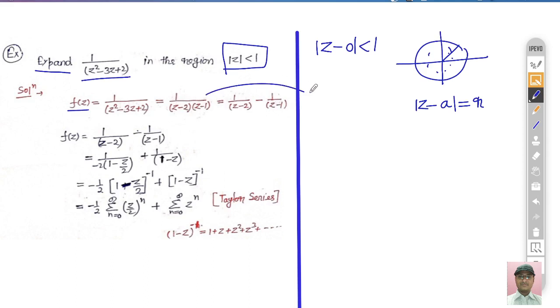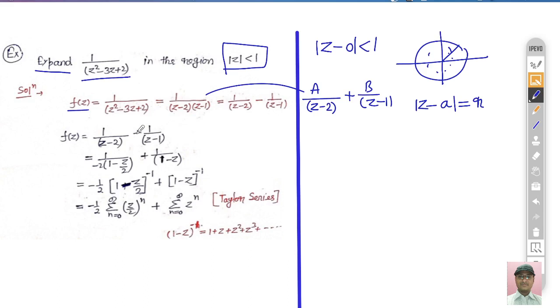It's a very simple process to do the partial fraction: A upon Z minus 2 plus B upon Z minus 1, right? You just multiply and compare, and you will get the values of capital A and capital B. Once you compare, the value of A is 1 and the value of B is minus 1. So now we can expand this as a power series.